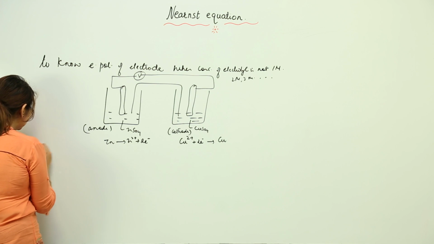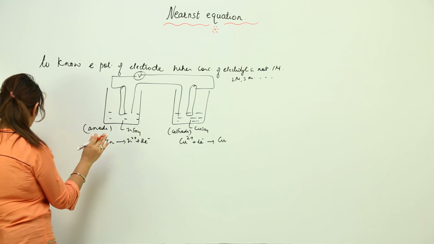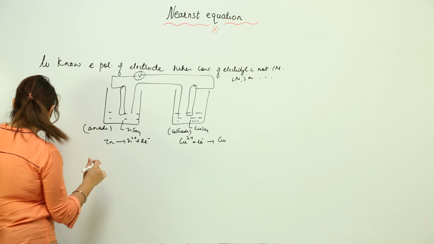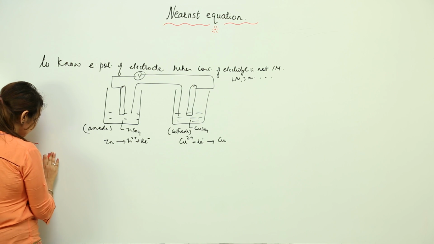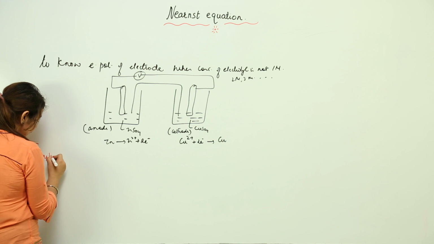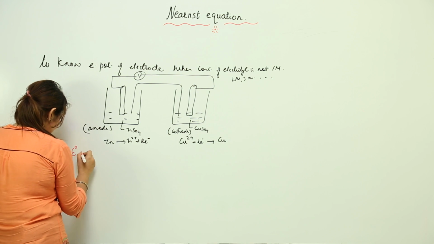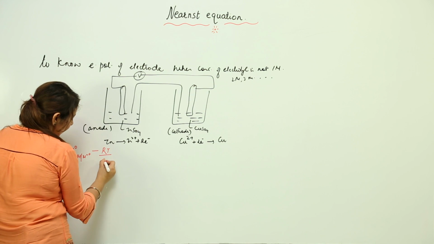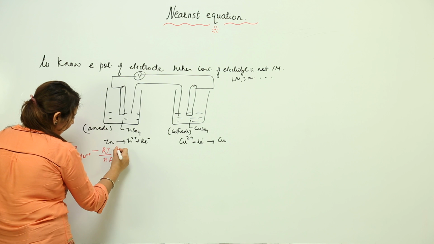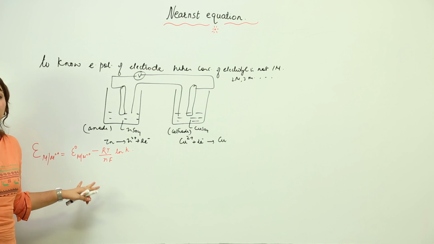So now what is the Nernst equation? For this beaker, the general expression for the Nernst equation is E of M forming M positive equals E naught of M forming M positive, minus RT upon NF ln K. This is actually the general expression for the Nernst equation.